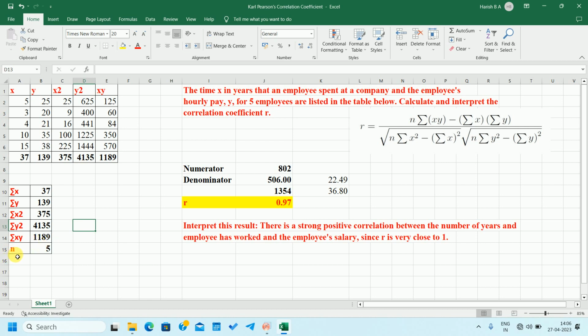So n value, number of variables, is 5. Then substitute values in this equation.